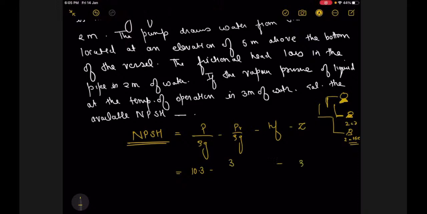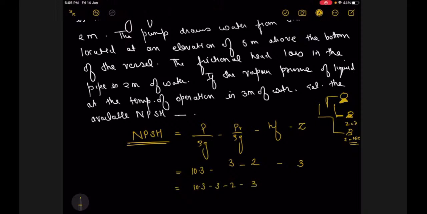The frictional head loss is 2, which is given in the question. So here it will be 10.3 minus 3 minus 2 minus 3.